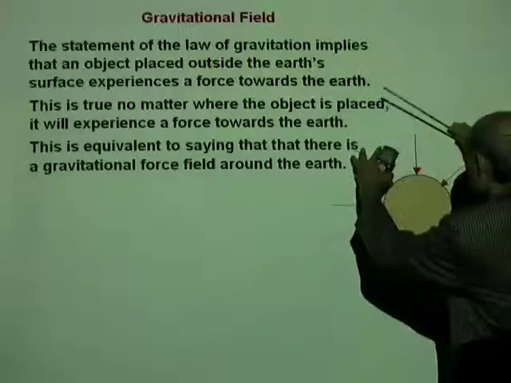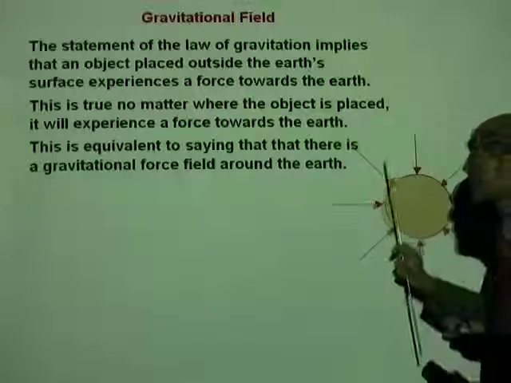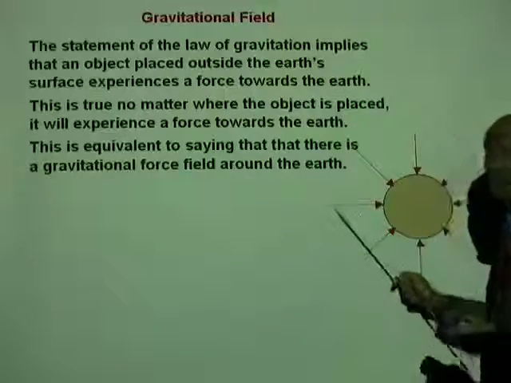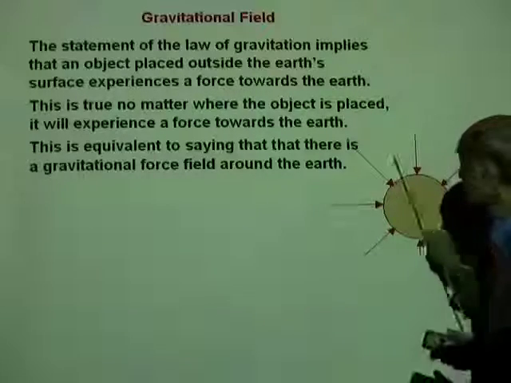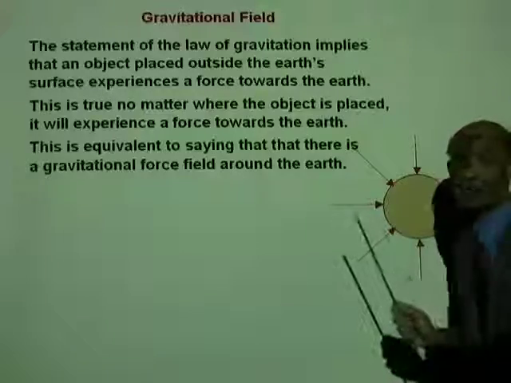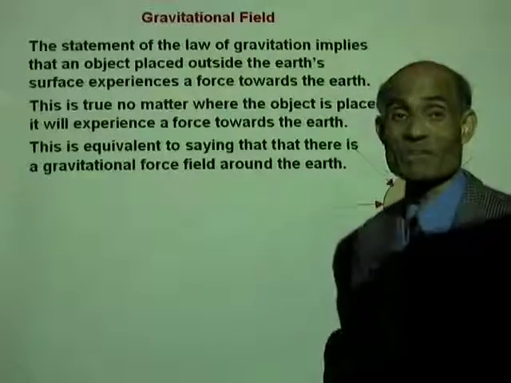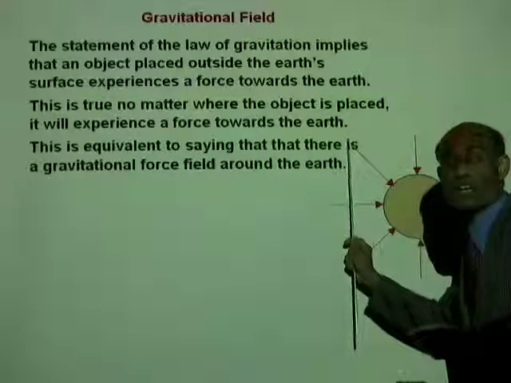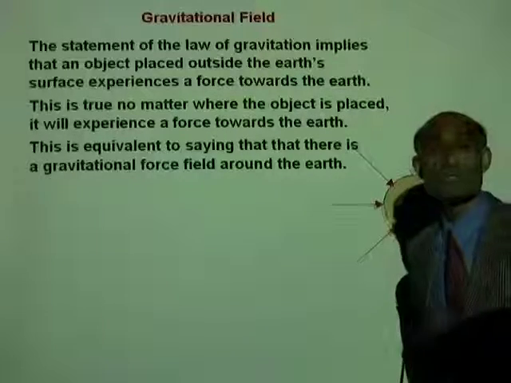That means the space surrounding the Earth, where the Earth exerts a force on other objects, is the gravitational field of the Earth. Now, why have I used the arrows pointing towards the Earth to represent that field? I have used arrows to show that the direction of that force is directed towards the Earth.